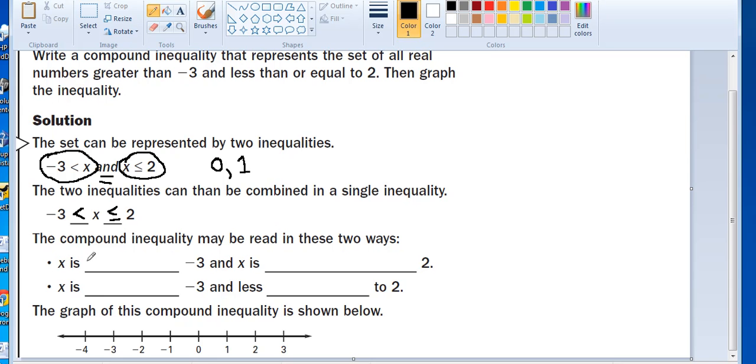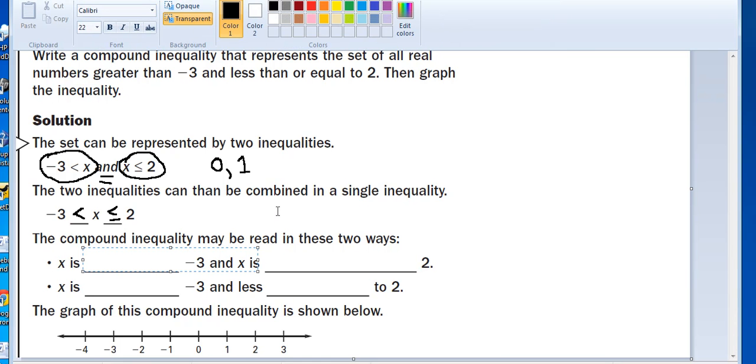Now there's a couple ways you can write this. A better way to say this is x is greater than -3 and x is less than or equal to 2.